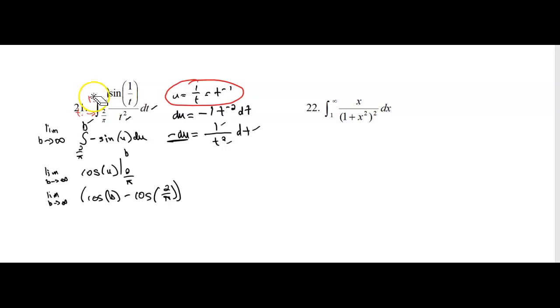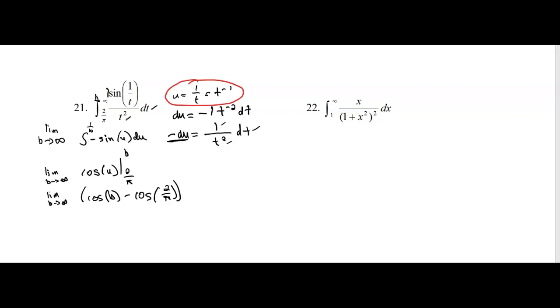So as soon as we switch from t's to u's, our limits would also have to change. So at this very next step, they can see your work, you would need to do the same. We need to change our limits. This was a b, so this would have been b, the infinity. u would then become a 1 over b.